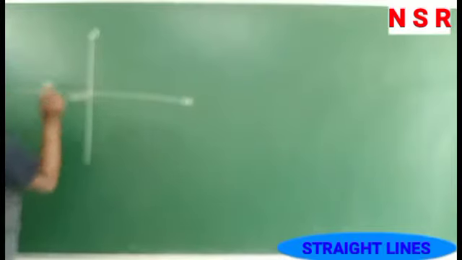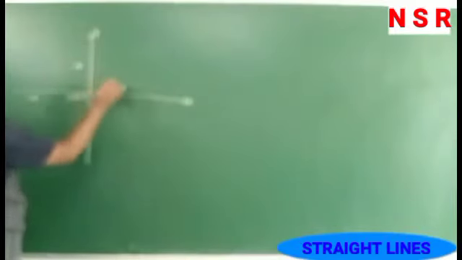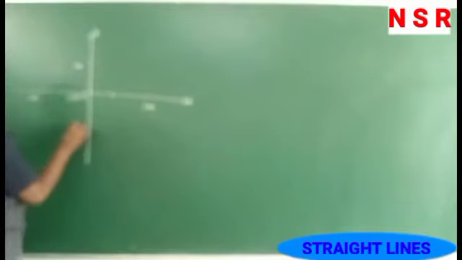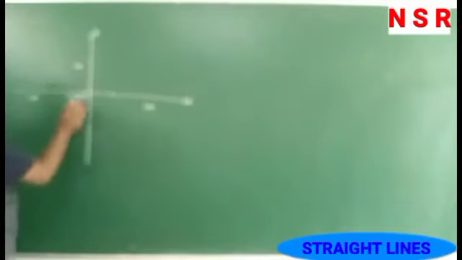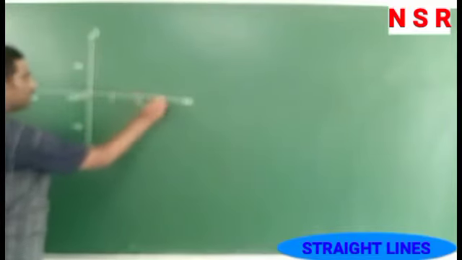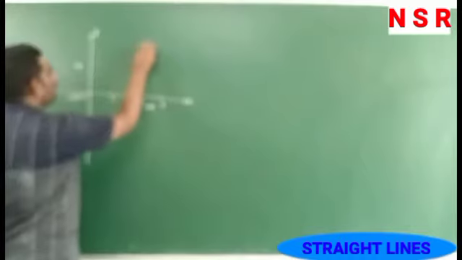For example, from the origin, this is the positive direction of the x-axis and this is the negative direction of the x-axis, and here also this is the positive direction of the y-axis and here the negative direction of the y-axis. Suppose the distances here are 1, 2 and 3. For example, consider any point P(x, y) here.